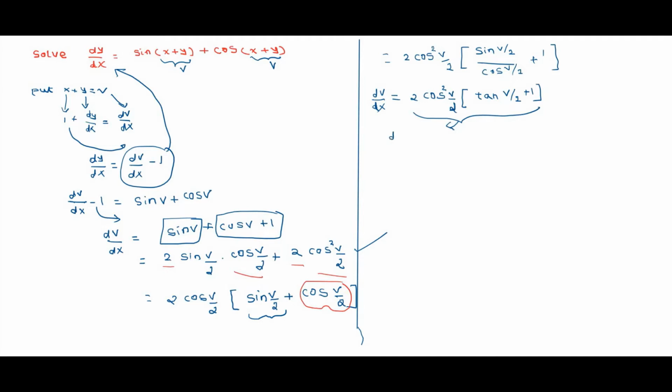We can write it as dv divided by 2 into cos square v by 2 into bracket tan v by 2 plus 1 is equal to dx. Transpose this denominator dx to the right hand side. Now the variables are separable.